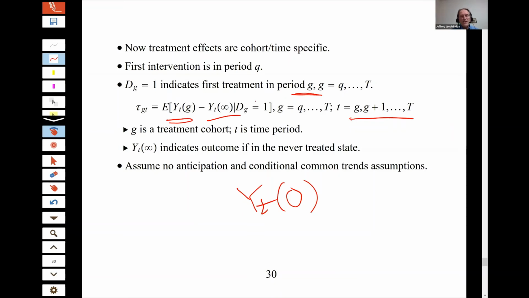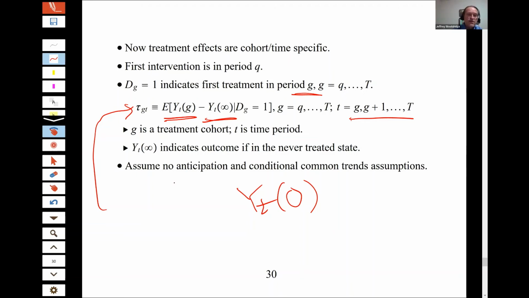Okay, so this is not really my definition. This has appeared in this recent work in the staggered intervention, but I think it's a nice way to think about what we're comparing these cohort outcomes, these potential outcomes with, and we're comparing it to the case where a cohort has never been subjected to the intervention.